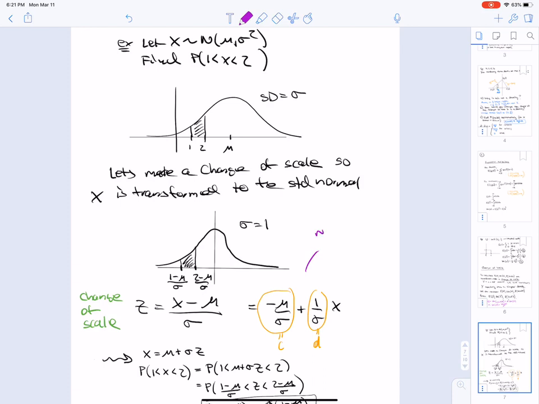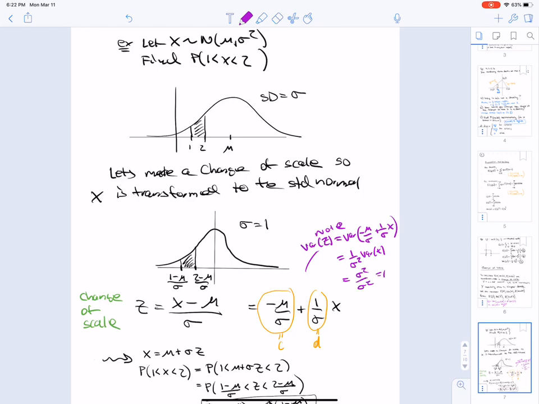So note that the variance of z is the variance of minus mu over sigma plus 1 over sigma x, which is, now 1 over sigma pulls out as a square, variance x, which is just sigma squared over sigma squared, which is 1.